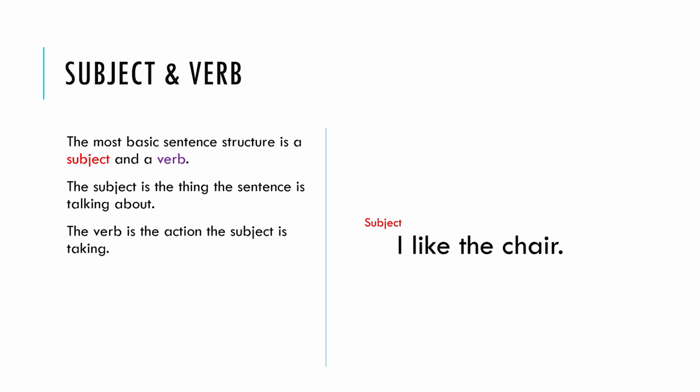It's a secondary thing. The main subject of the sentence is I, and then you ask yourself, okay, well, what's the action that I is taking? What is I doing? I is liking. So like is the verb. Subject is I, the verb is like, to like. To like something is an action.